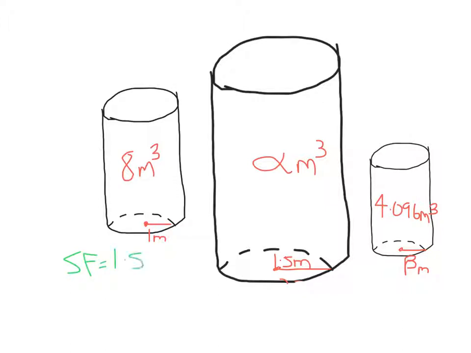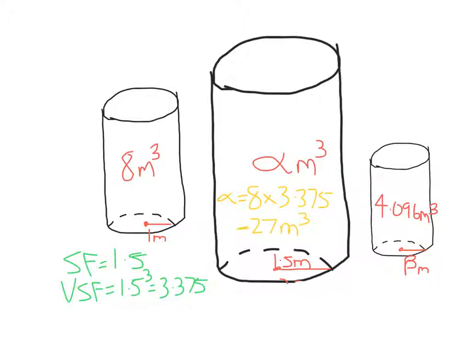Now the volume scale factor will just be 1.5 cubed, which is 3.375. So that means that the volume of this shape here will be 3.375 times the volume of this one here. So very simply, alpha is just going to be 8 times 3.375, which is 27 meters cubed. So that will be the volume of that big cylinder.